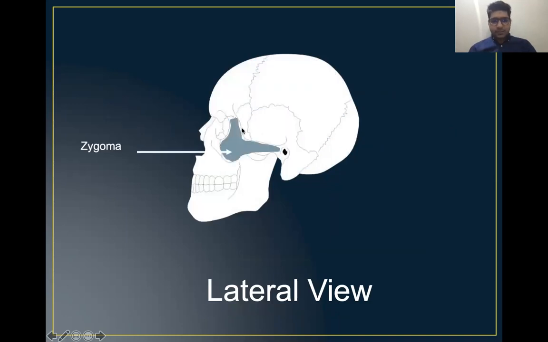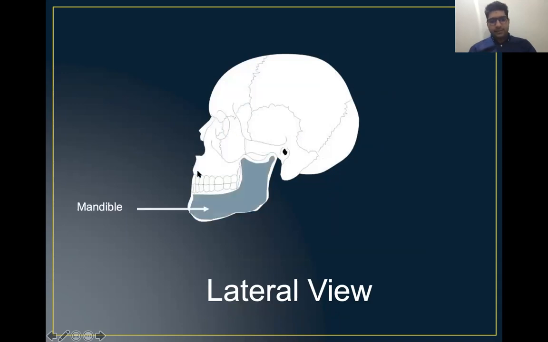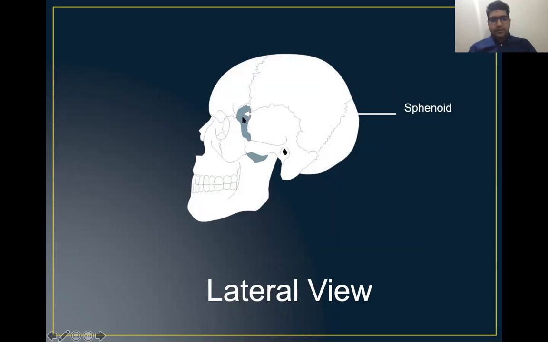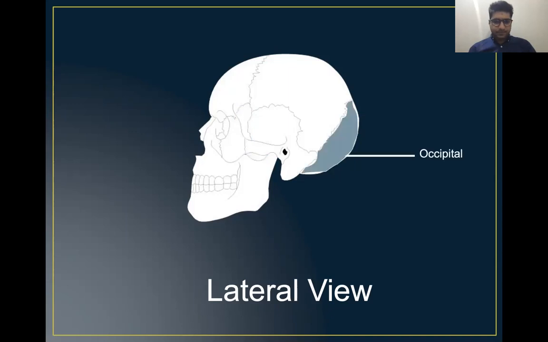There's the nasal bone, zygomatic arch and bone, and this is the maxilla. This is the mandible, and the sphenoid bone is just around here, which usually makes up the base of the skull. Just above the sphenoid bone, there's the sella turcica, which houses the pituitary gland.